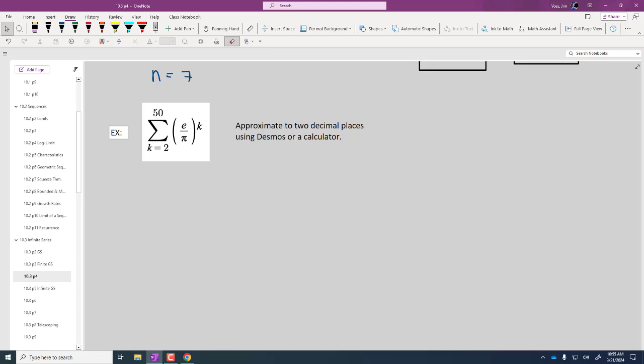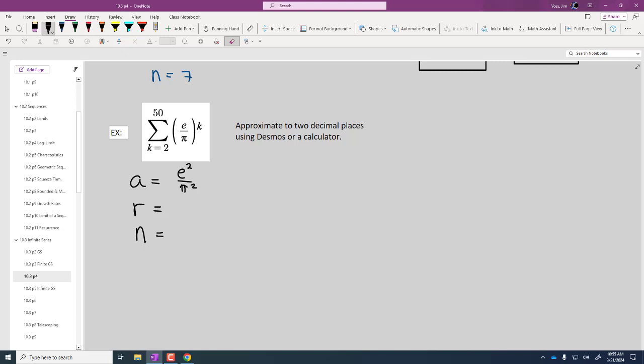Let's first again identify A, R, and N. What is A? So the initial term is found by looking at the initial index value. Pi to e over pi squared, e squared over pi squared.